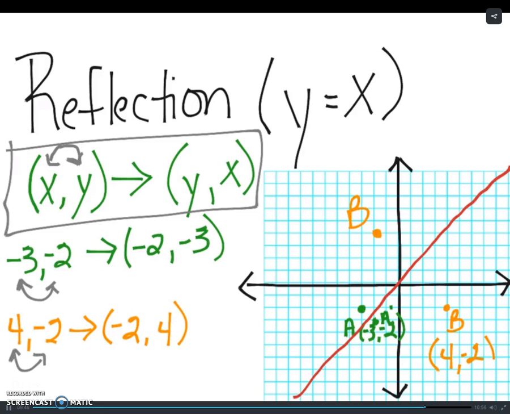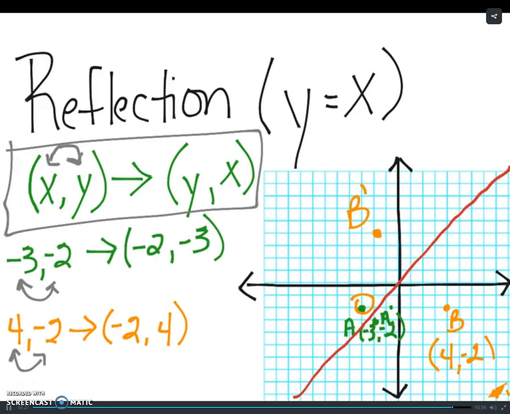Keep in mind that for any reflection, the distance between the original point and the line of reflection, in this case y = x, and the new point and the line of reflection have to be the same distance. So if, for example, you had gotten on this one that A is really close to this line of reflection, and A prime, the second one, was way over here, in a corner, then you would know that there was a problem, because this A is really close to the line of reflection, and a point way over here would be really far away from that line of reflection.